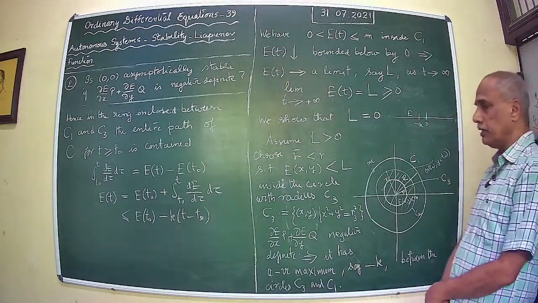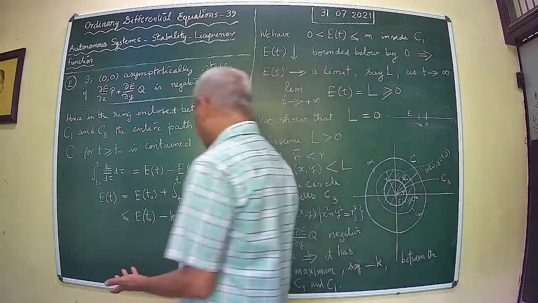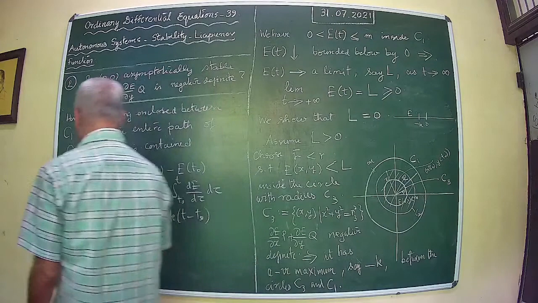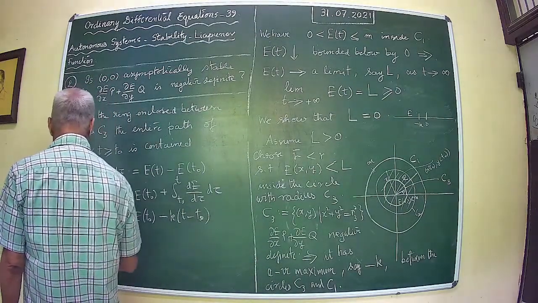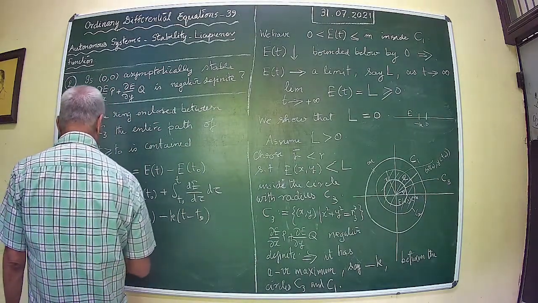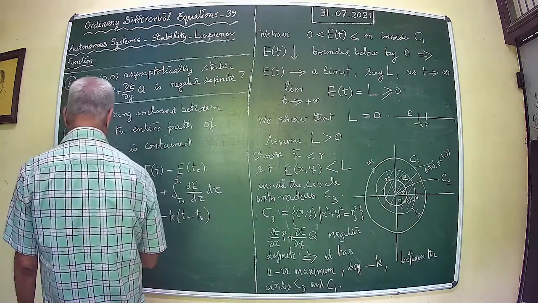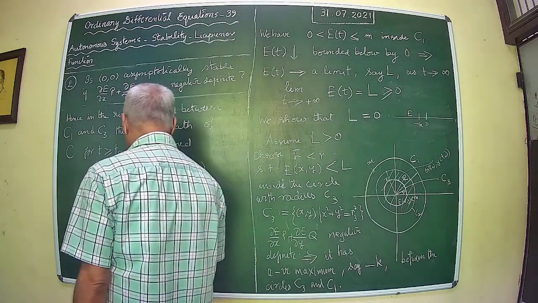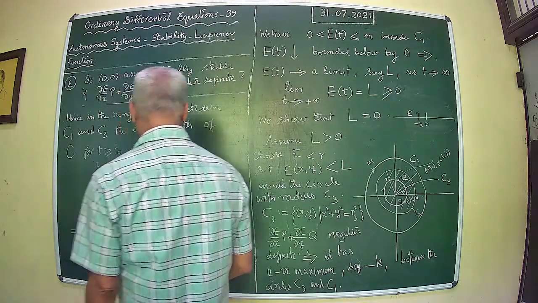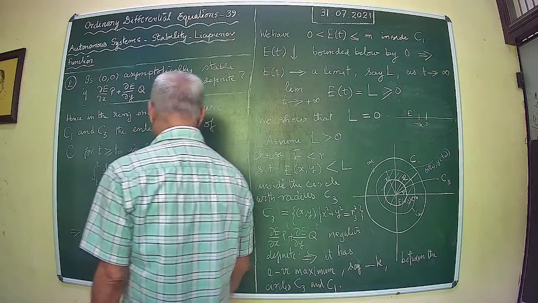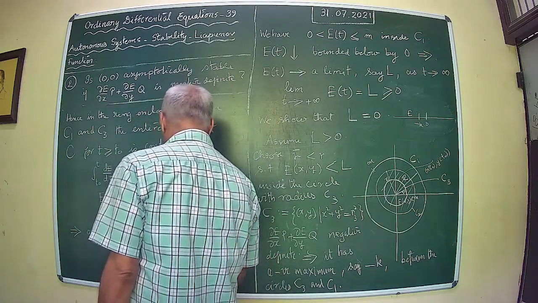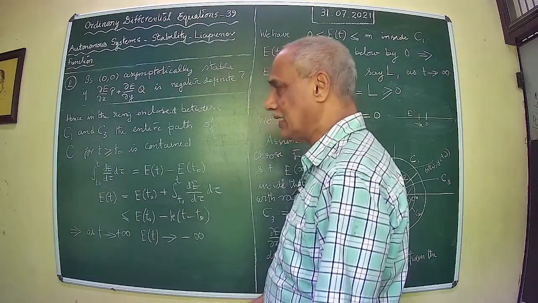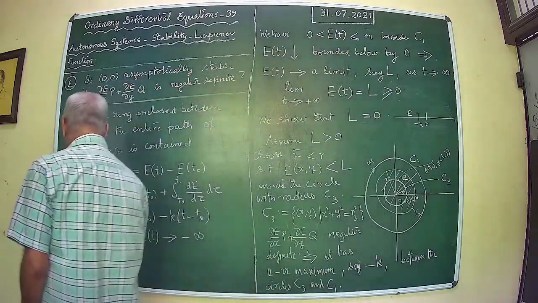So now what you have is this. Therefore what does it say? It says as t tends to plus infinity, E(t) tends to minus infinity. But you know that E(t) is positive, since E is positive definite.